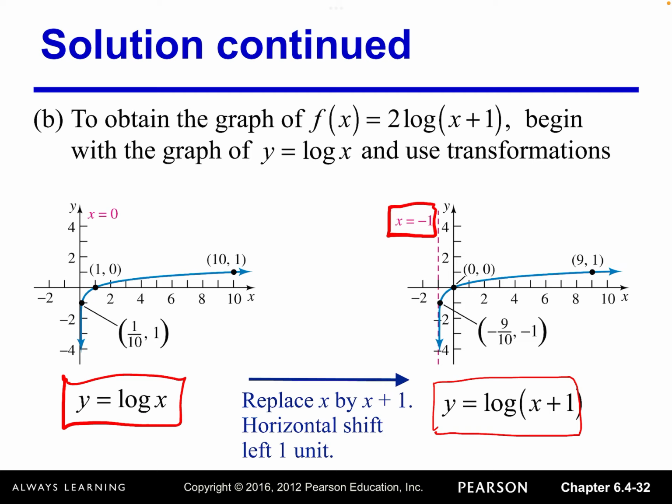After horizontally shifting to the left by 1 unit, the vertical asymptote changes to the line x equals -1, which is this vertical line, graphed as the red dashed line. The x-intercept used to be (1, 0); shifting left by 1 unit, it becomes (0, 0).